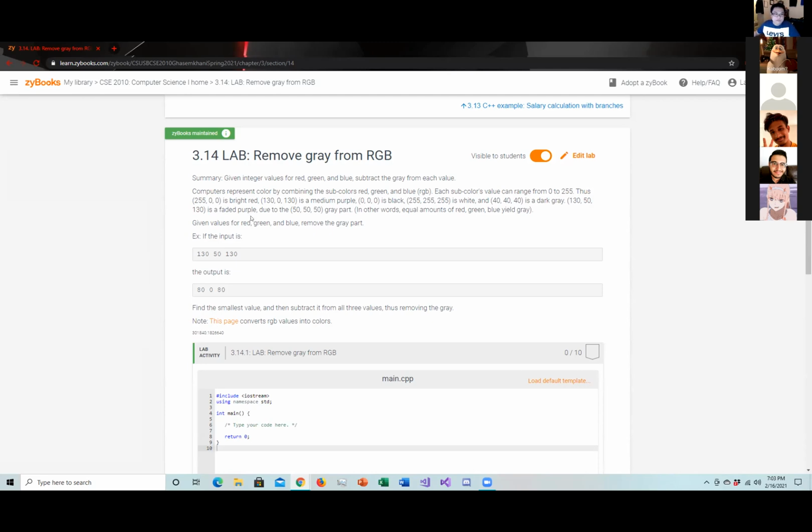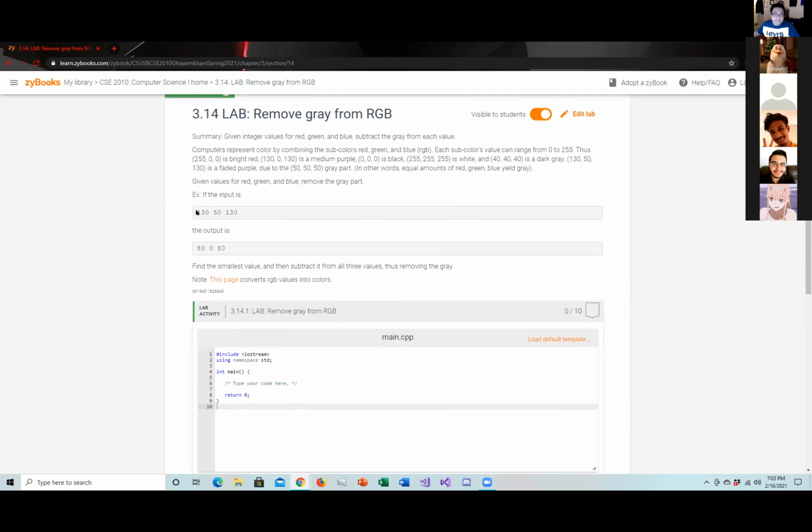So given the values for red, green, and blue, we have to remove the gray part. If the input is 130 for red, 50 for green, and 130 for blue, to remove the gray part we need to find the smaller number of the 3 numbers and then subtract that from each of the 3 numbers.